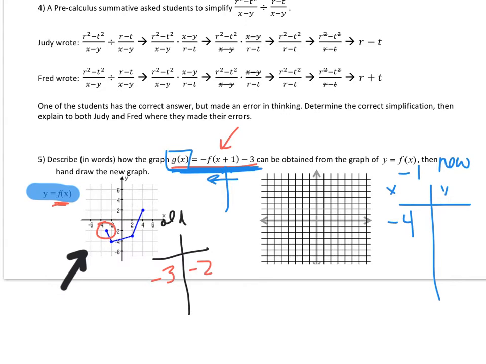A second thing we see here is, and again you think of this f of x that I put in a black box there as your old y values. We've already made the modification on the x. And from the sign that is here, you know you need to take the opposite. You make the negative, and then you take 3 away. So as I go over here to figure out my new y's, I'll make a little note.